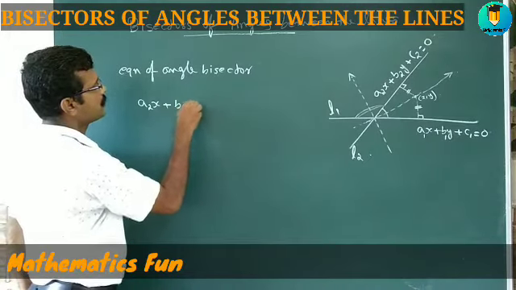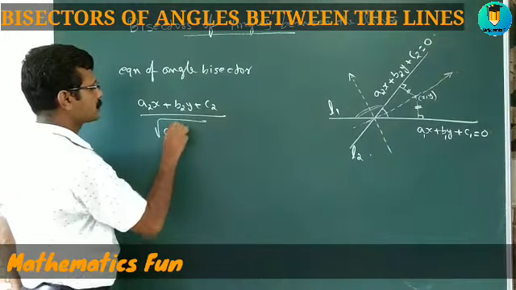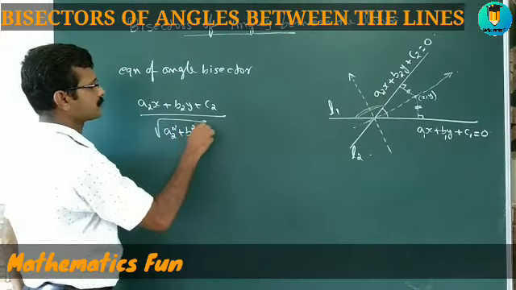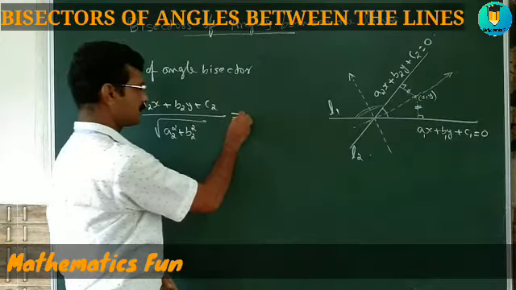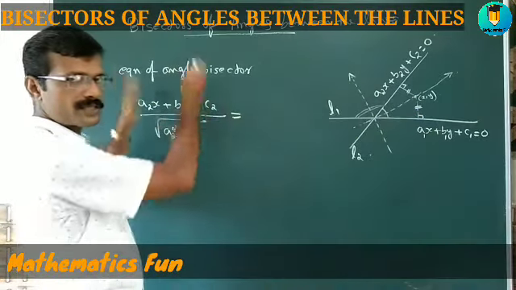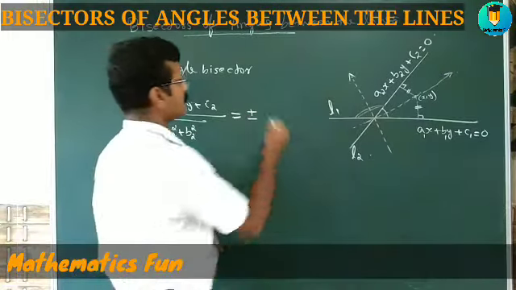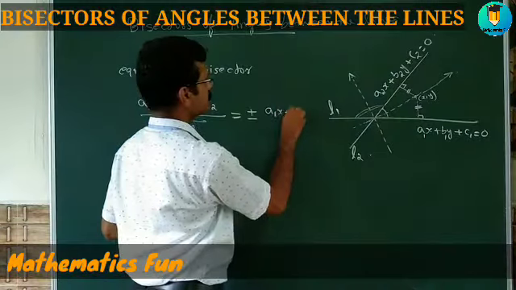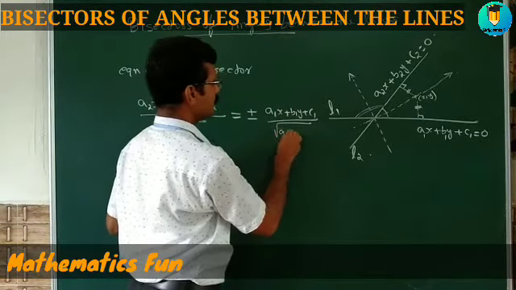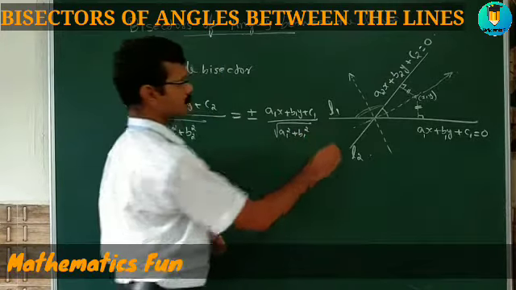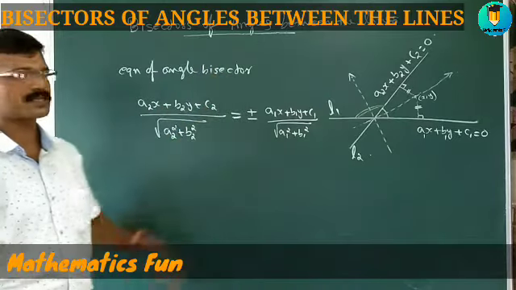A2x plus B2y plus C2 divided by under root A2 square plus B2 square, that is this distance, is equal to the other distance. Distance is an absolute value, so I will remove the absolute value sign and get a plus or minus. Here also, A1x plus B1y plus C1 divided by under root A1 square plus B1 square. This is the equation of the angle bisector.